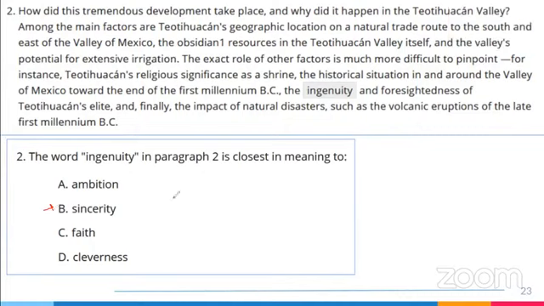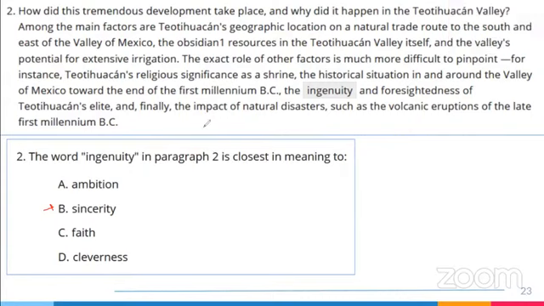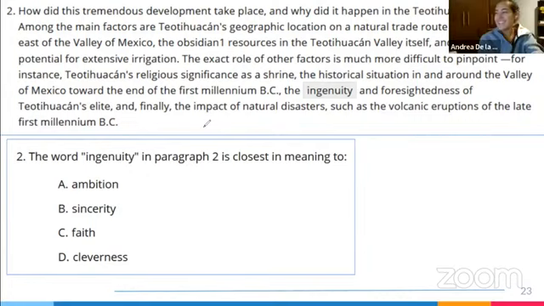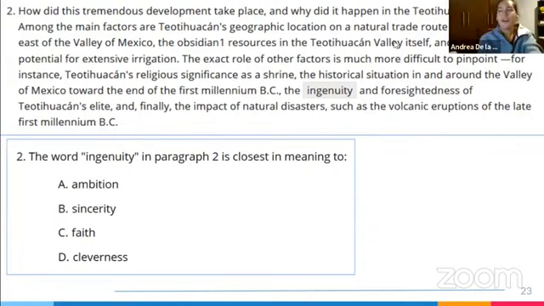Me. How sure are you, from 1 to 10? 8.5. Okay, almost 9. And Ariadna, how sure are you that it's cleverness? A 5 out of 10. I don't know.